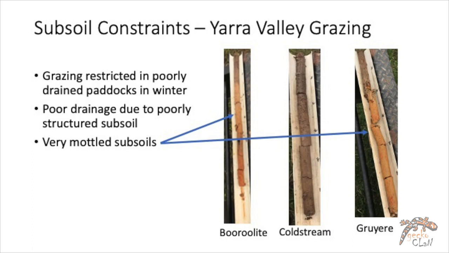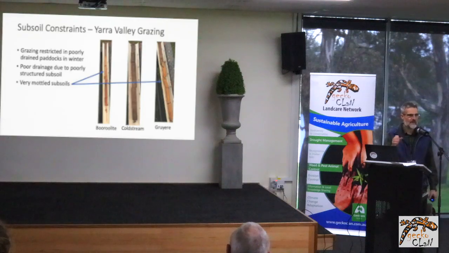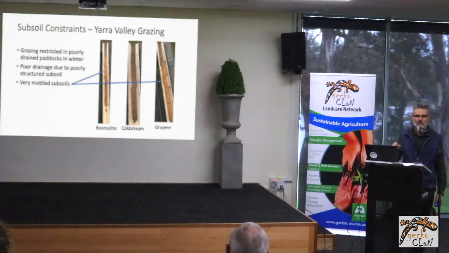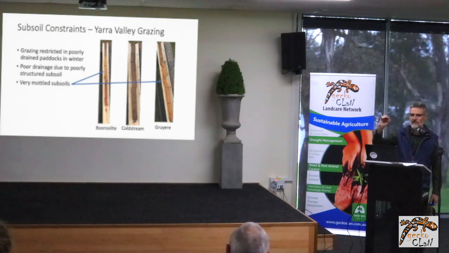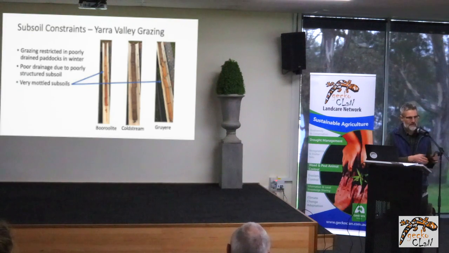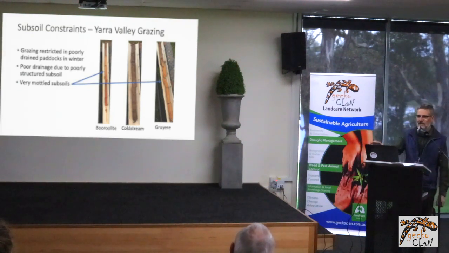he had some funding. He's an agronomist in the Yarra Valley region, with funding from MLA to look at subsoil constraints and poorly drained soils. So he mentioned 1,000 millimetres of rain again. In normal winters, a lot of farmers have paddocks that are poorly drained, they pug.